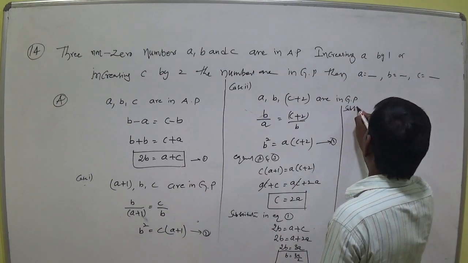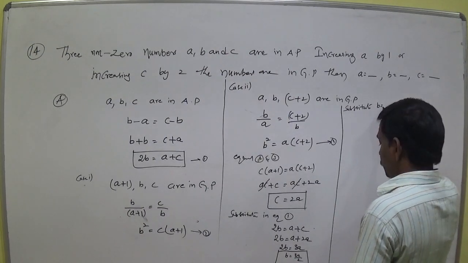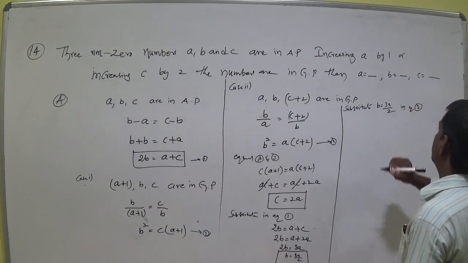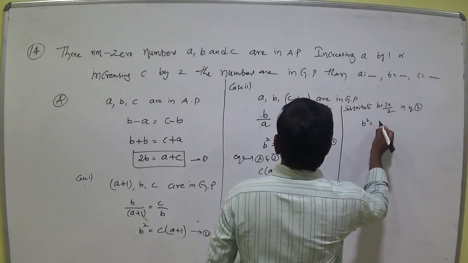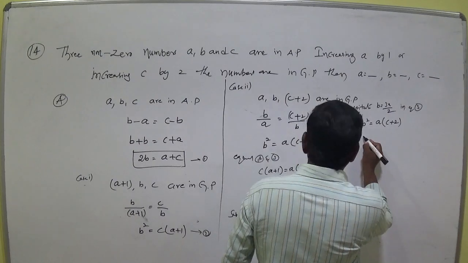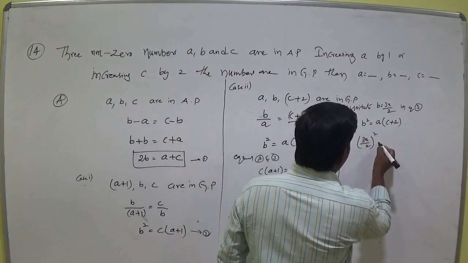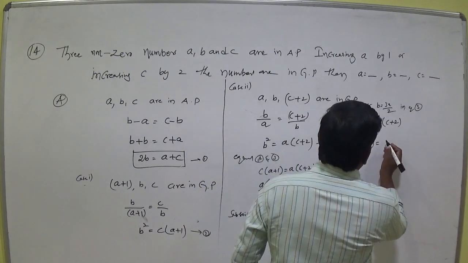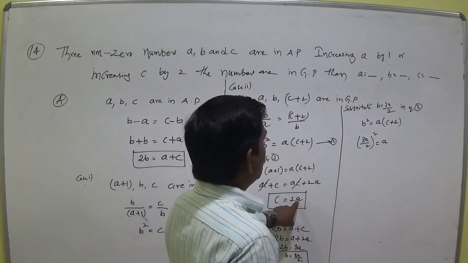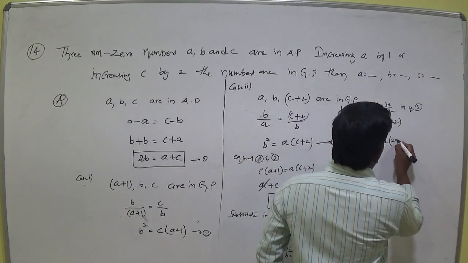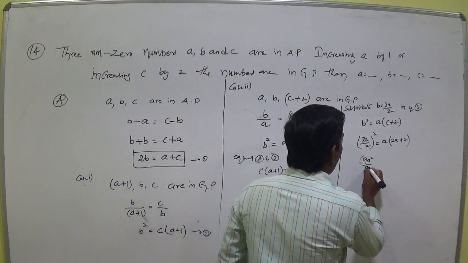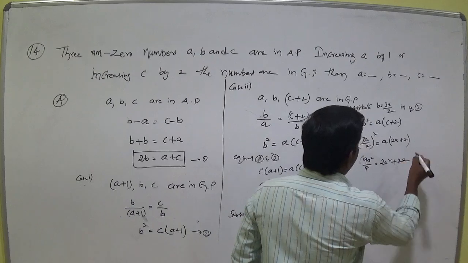Substitute b equal to 3a by 2 in equation 3, b square equal to a into c plus 2. b square means 3a by 2 whole square, and a into what is the c value here? 2a, that means 2a plus 2. 3a by 2 whole square means 9a square by 4. 2 into a, 2a square plus 2a.